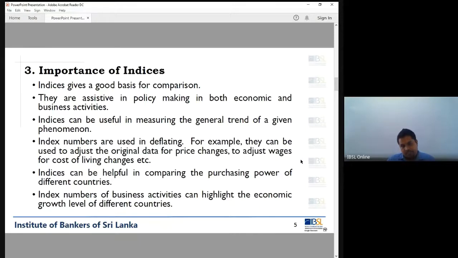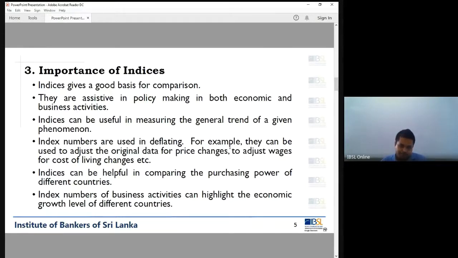But the whole idea is that rather than discussing changes in absolute numbers in thousands and millions, if we boil them down to a scale of 100, the percentage movement is very easy for even a layman to understand. These are some of the importance of indices.